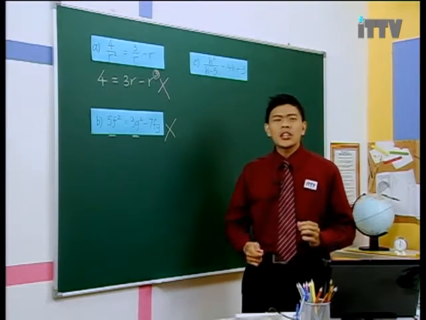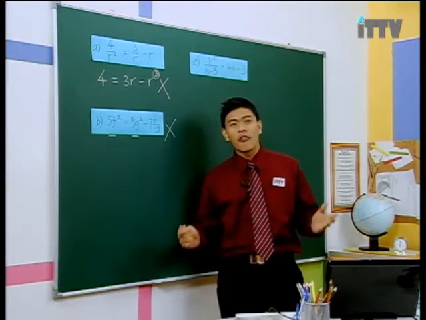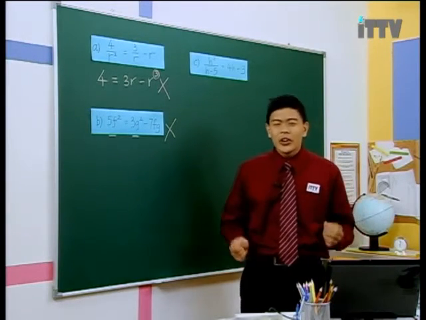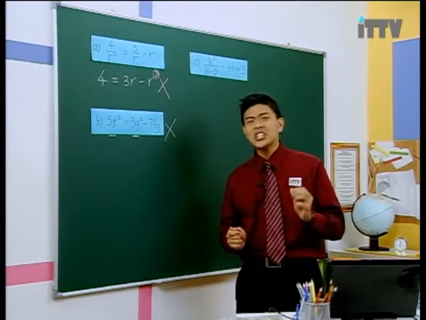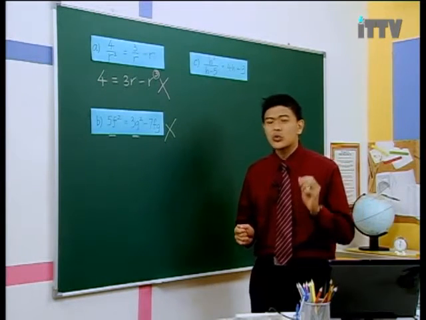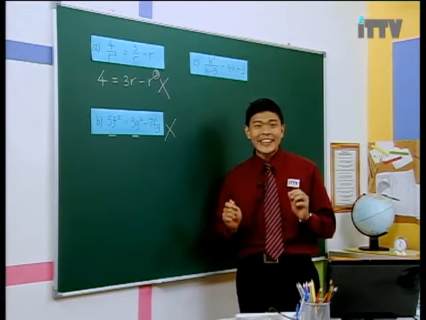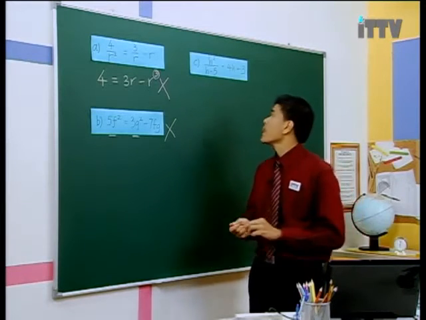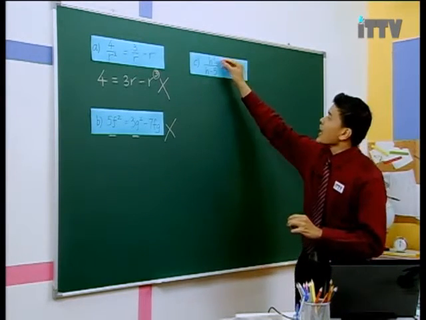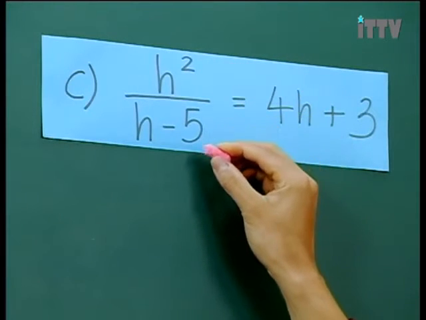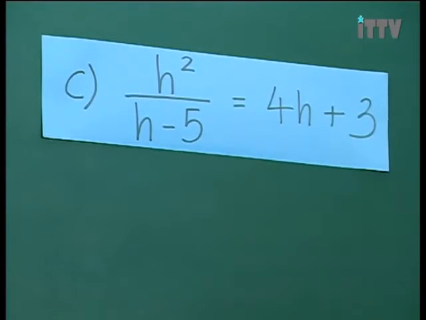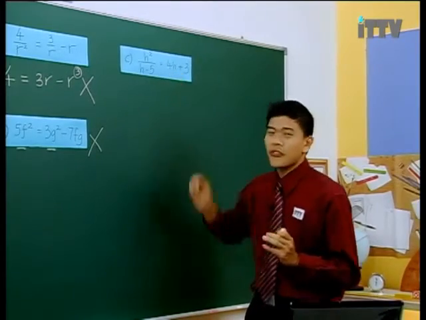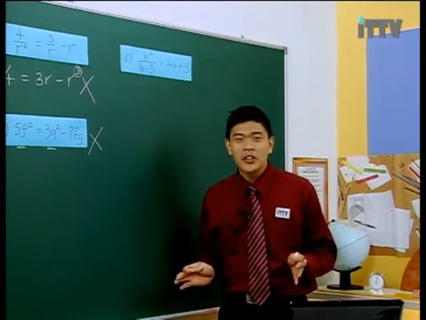Alright, and a quadratic equation can come in all forms, shapes and sizes. So you must do the necessary to achieve your goal of first getting that quadratic equation in the general form. Now in h squared over h minus 5 equals 4h plus 3, there is a fraction. Fractions are no good for quadratic equations, alright?